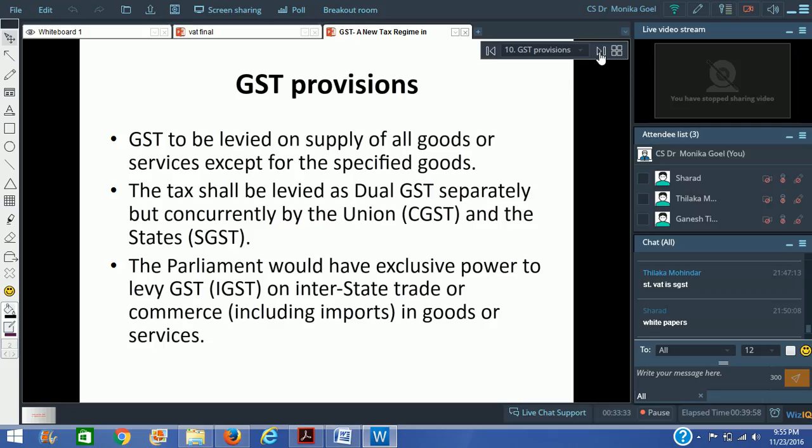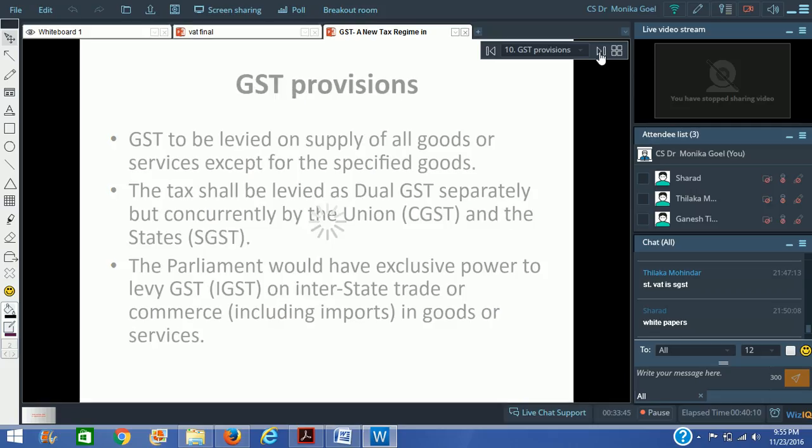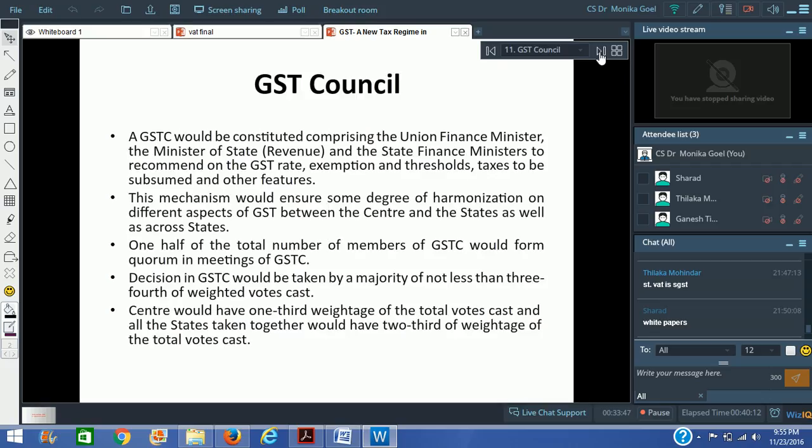All the taxes levied by the central government will get subsumed in CGST. All the taxes levied by the state governments will be subsumed in SGST. And all the taxes at interstate sale or purchase will be converted into IGST.